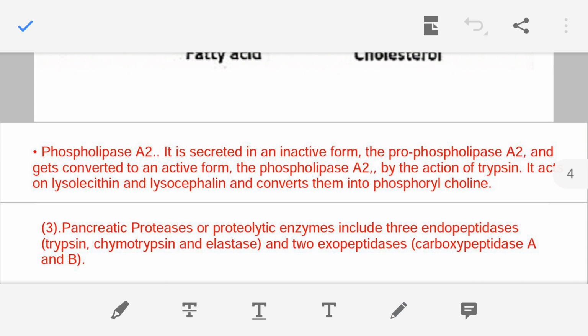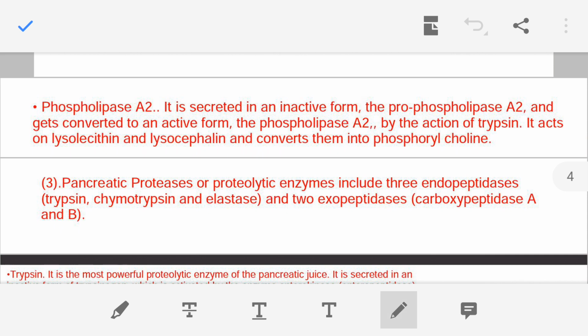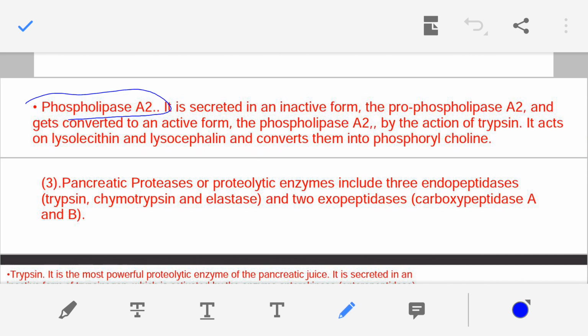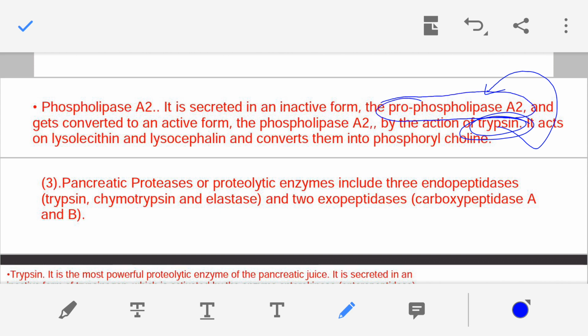So now we are moving forward. Then this enzyme phospholipase A2. Now this phospholipase A2 is secreted in the inactive form, and this inactive form is known as prophospholipase A2. Now the enzyme trypsin acts upon inactive prophospholipase A2, and due to the effect of trypsin, this prophospholipase A2 is converted into active phospholipase A2.